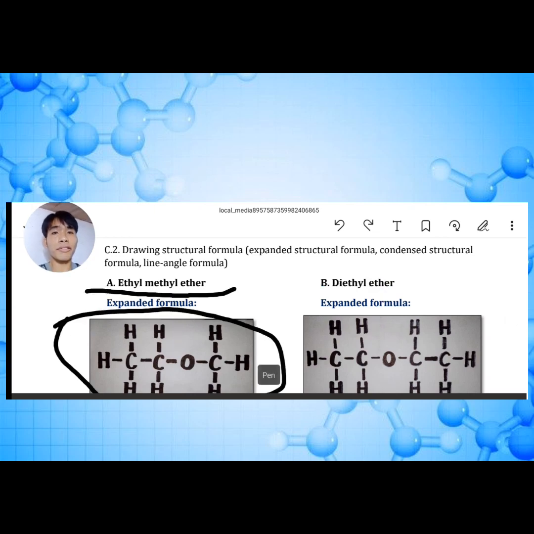So the formula of ethers, by the way, is ROR, which means the rest of the molecules.